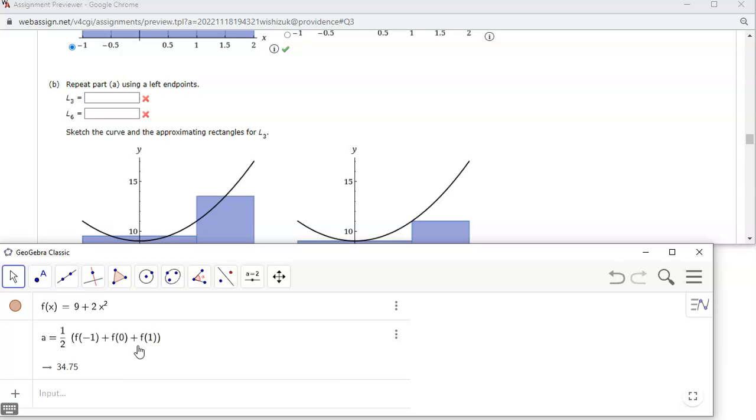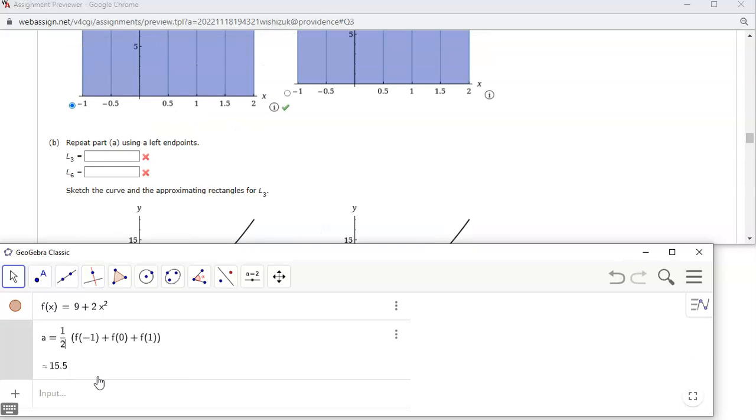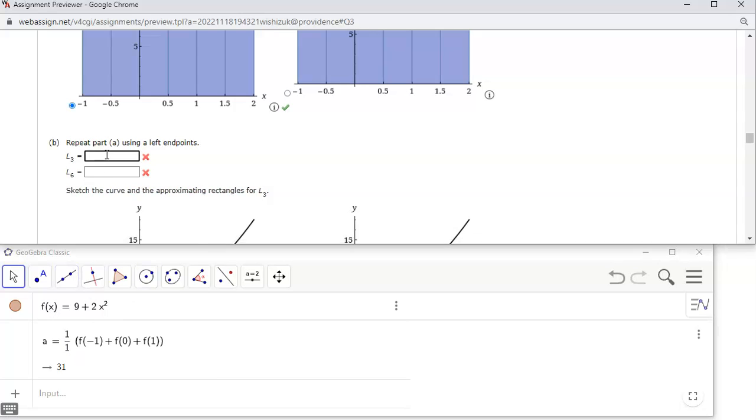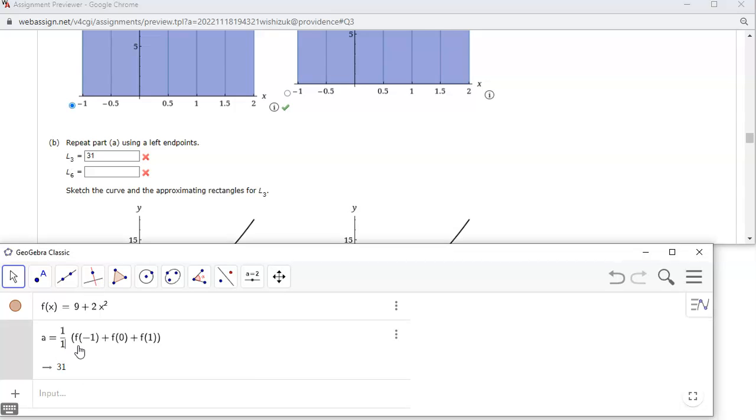Then hit enter. Actually, delta x is 1, so hit enter. All right, so L3 will be 31. For L6, the width is going to be 1/2 this time, and we have to do left endpoints.